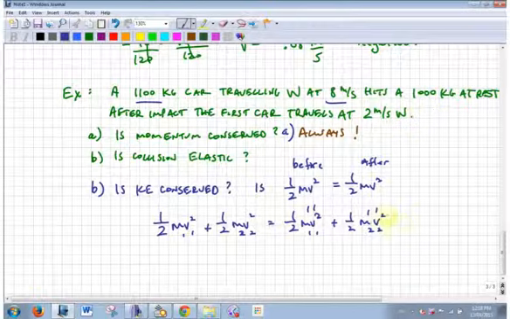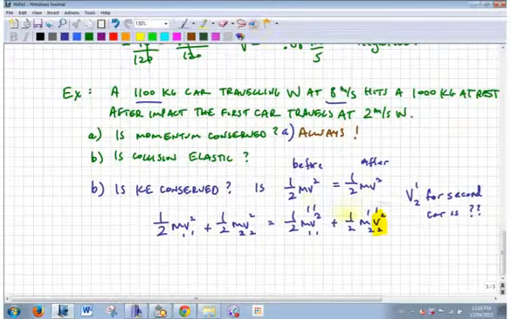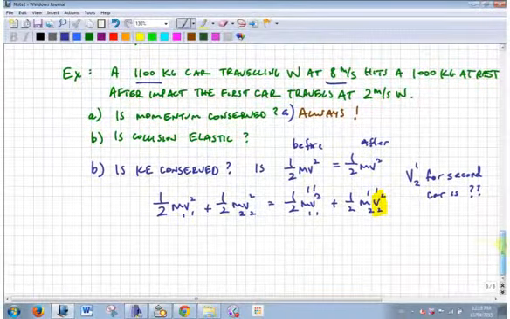I don't know v after for the second car. So guess how I'm going to solve for that? Conservation of momentum. Even though it's not asking me for the velocity of the second car, I need it to answer this. Oh boy, what could be funner?